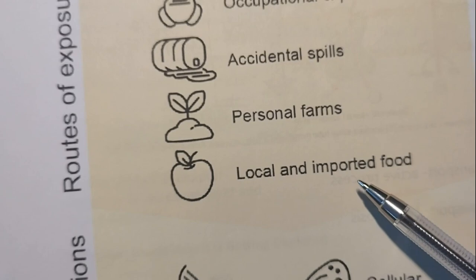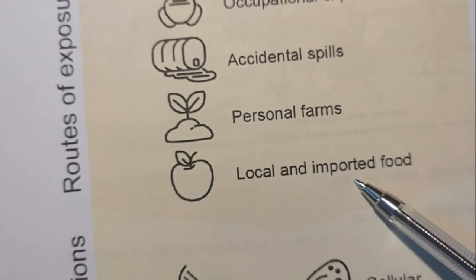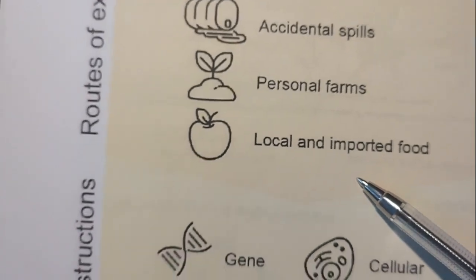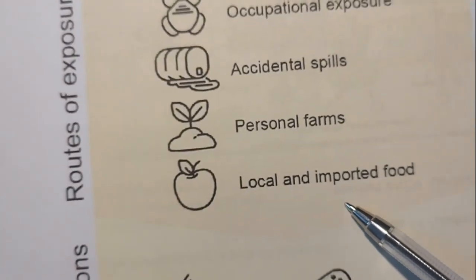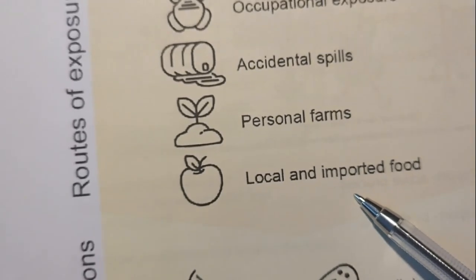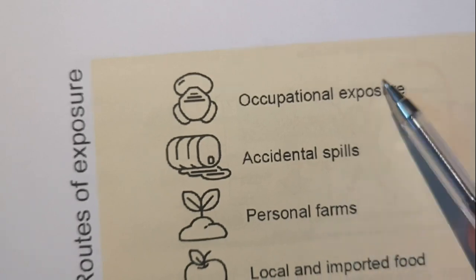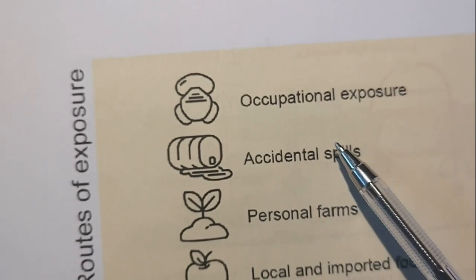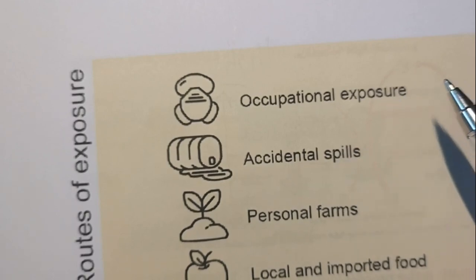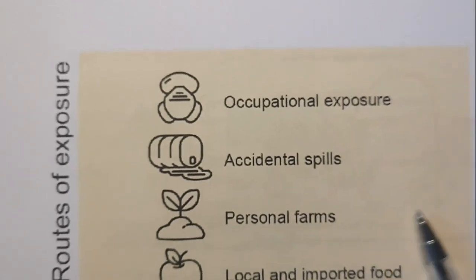Use more fruits, vegetables, and organic products in our diet. We wash the fruits and vegetables thoroughly with water before we use them for making food. And we can also ban or reduce the production of these chemical pesticides and switch to more organic farming. So these are the different ways in which we can reduce exposure to pesticides and harmful chemicals.